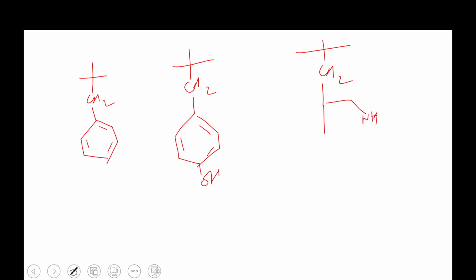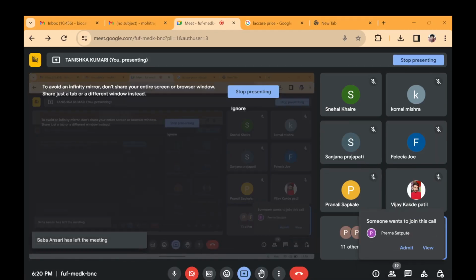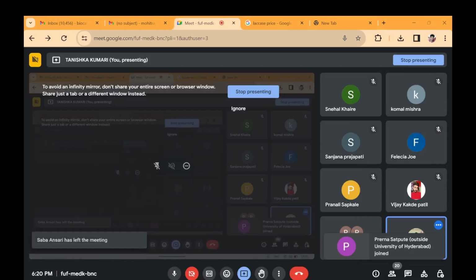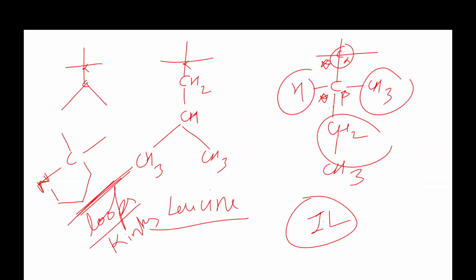This is NH. So we have phenylalanine, tyrosine, and tryptophan. These are the aromatic amino acids.